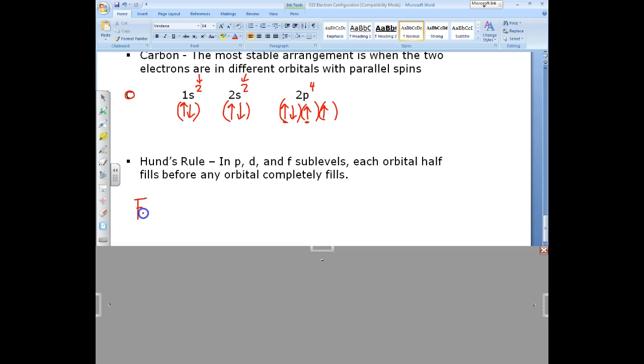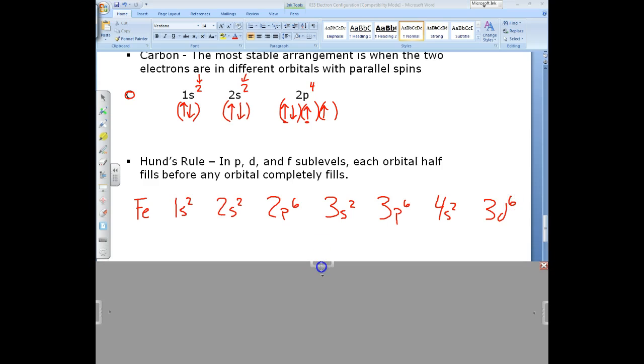All right, for iron, its electron configuration is 1s2, 2s2, 2p6, 3s2, 3p6, 4s2, and 3d6. So now I'm going to go in and put my orbital orientations. S has 1. This S has 1.